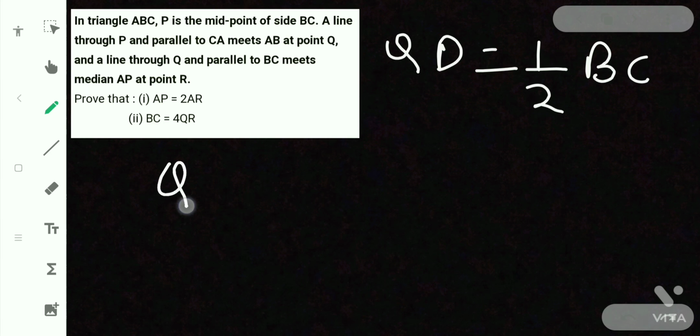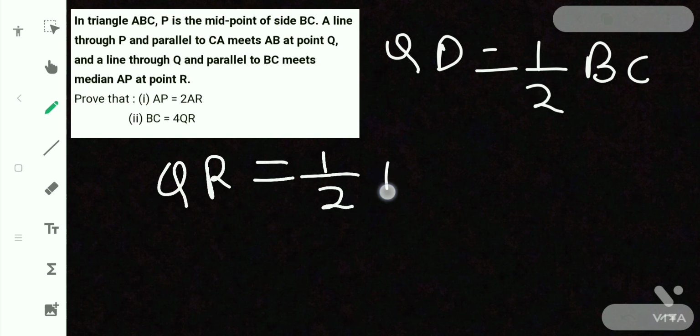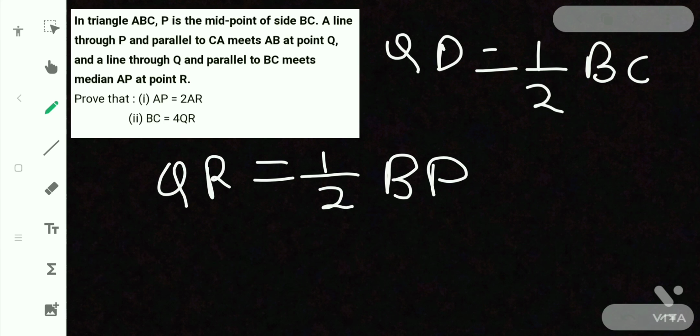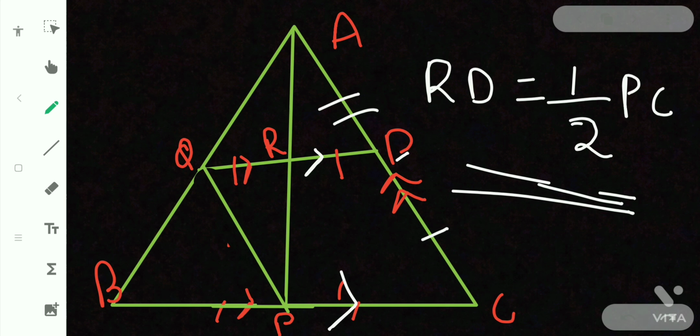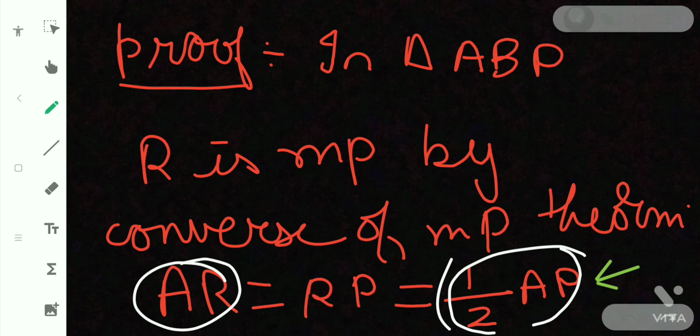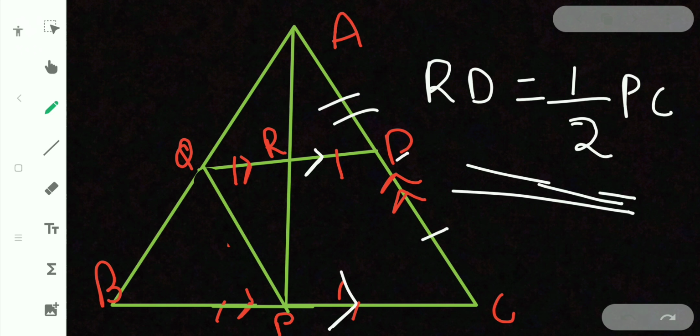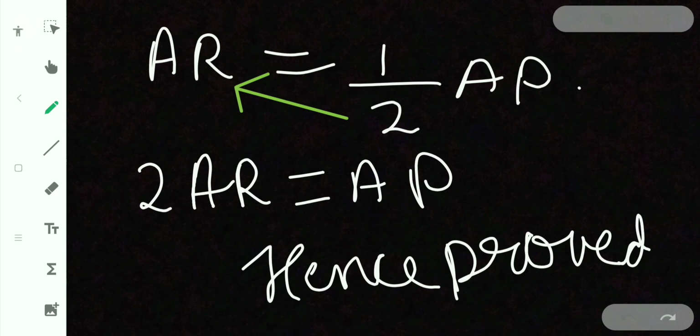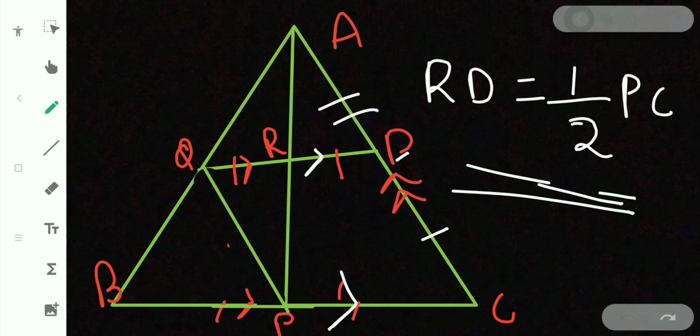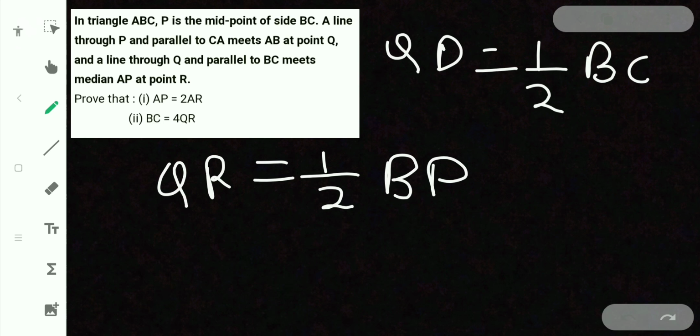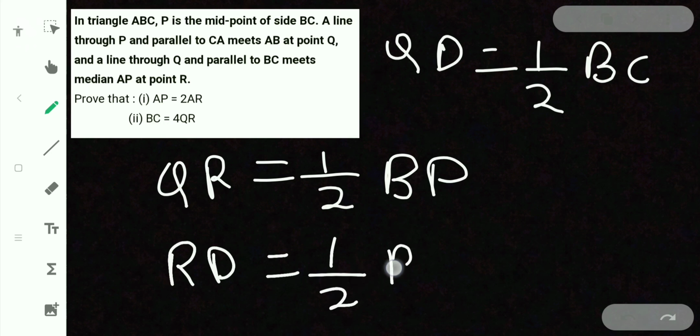QR will be equal to half of BP, and RD is also equal to half of PC.